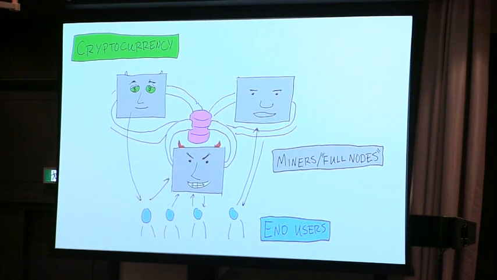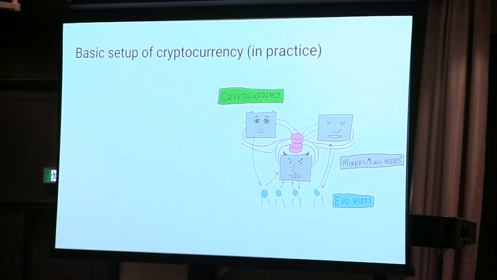Ambiguous. And then down on the bottom, you have your end users. So these are people who are sending transactions to the network and actually using the network for their own purposes. So the users submit transactions.